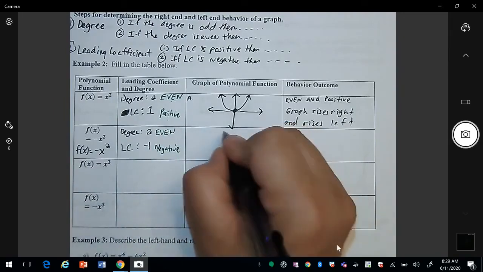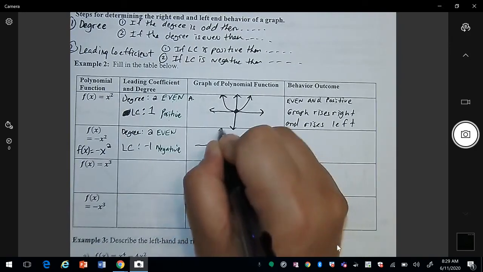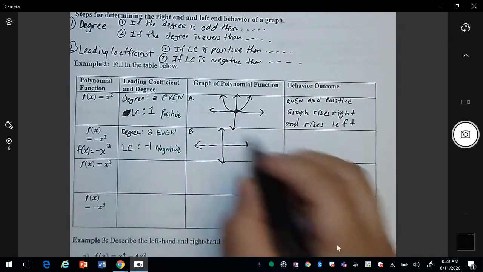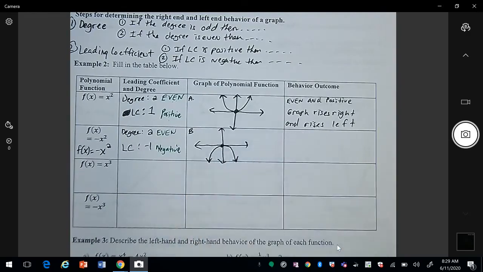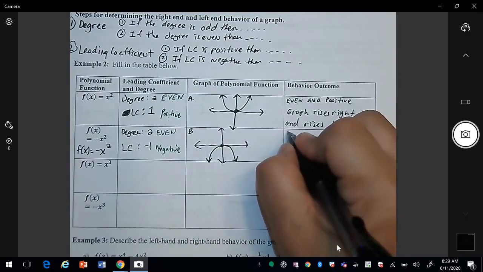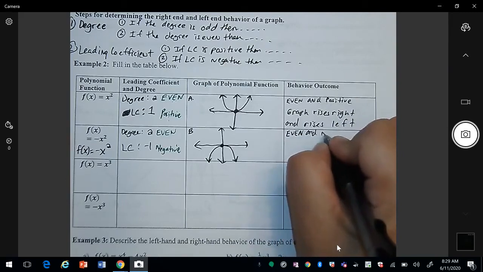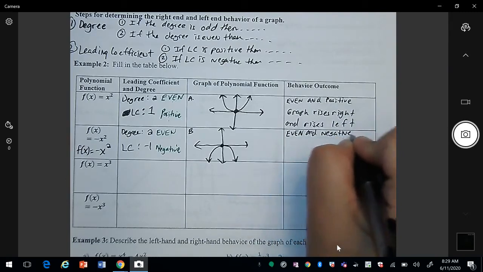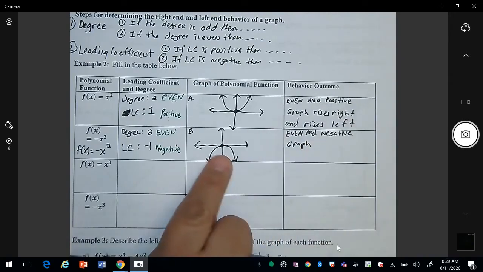So the graph, I'm going to call this B. So the graph for negative x squared looks like this. Okay, so when you have a graph with degree even and negative coefficient, then we say that to the right it's falling and to the left it's falling.